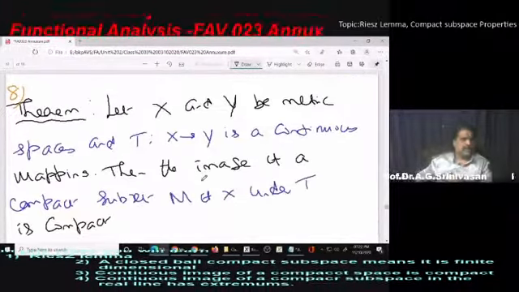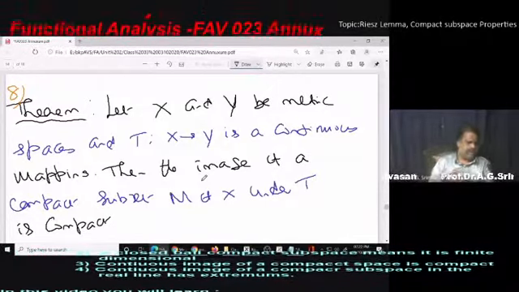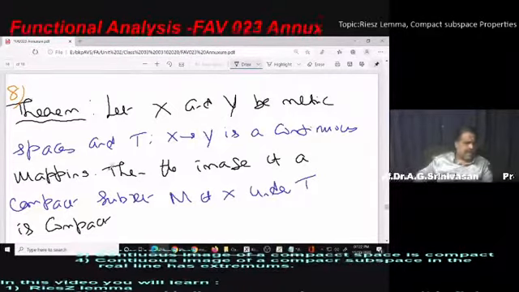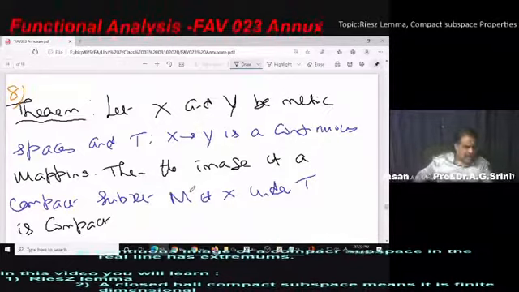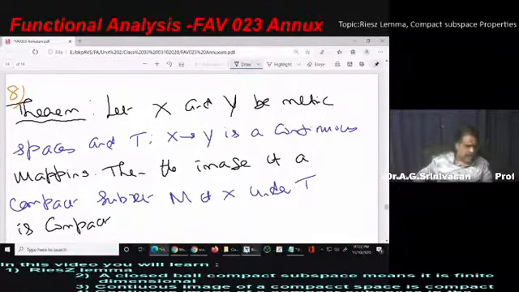We have two more results to prove in this video. This is a very interesting one and simple one to prove. It's very easy to prove also. If X and Y are two metric spaces, if T is a continuous mapping from X to Y, and if M is compact in X, then T of M, the image of that, is also compact.